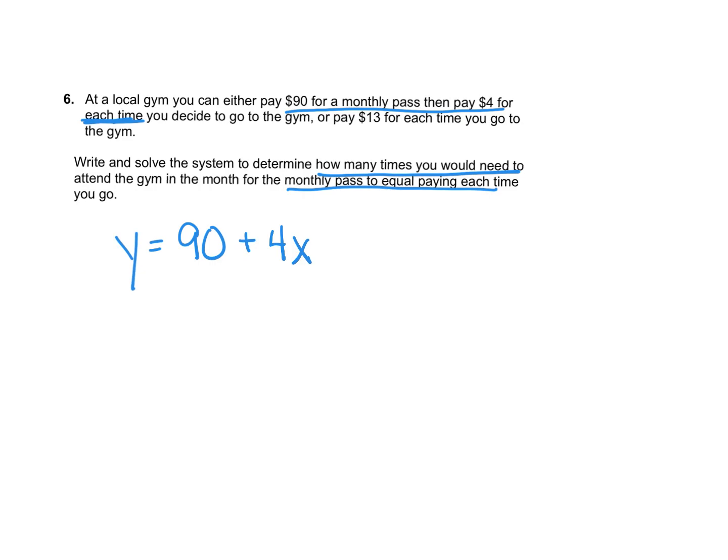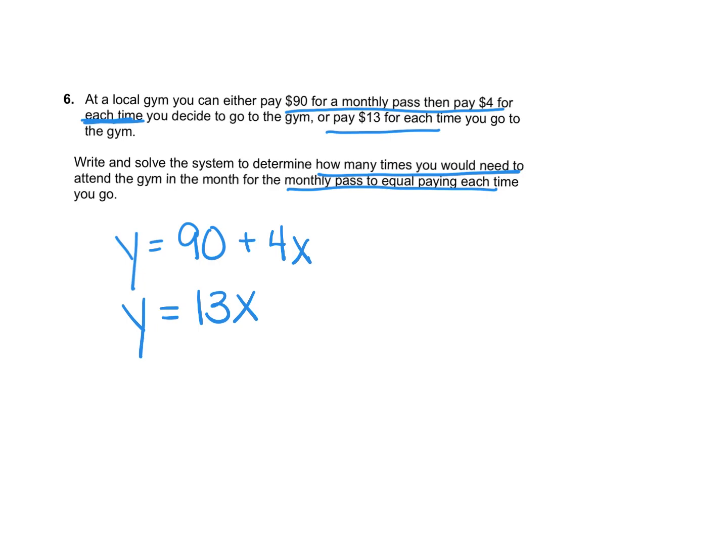All right, so that's what that equation is going to look like. Our second equation for the other gym, they just pay $13 every time you go. So they don't pay an upfront fee, but they are charging $13, which is considerably more than that $4. So we have y is equal to 13x, because there's not a one-time fee. They're not paying that.